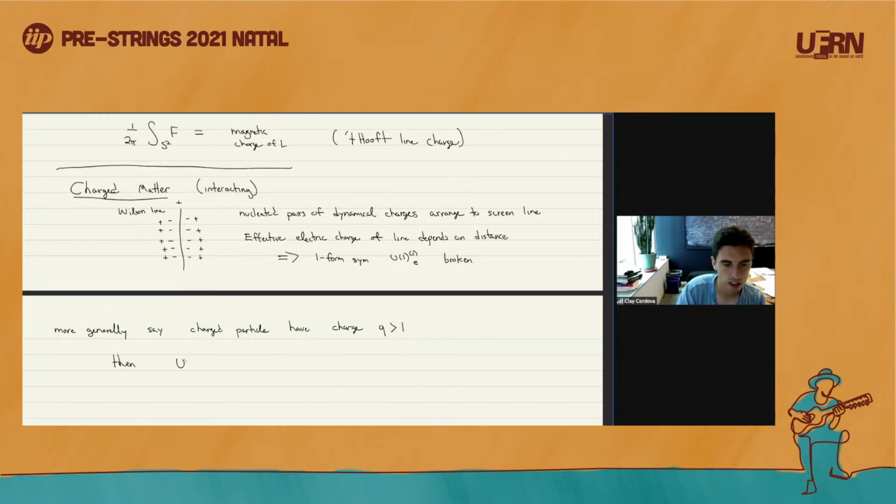Then this U1 one-form electric symmetry will be broken explicitly, not to nothing, but to a symmetry which is ZQ, where this Q is this Q. And what this means, if you think about this picture that I was drawing up here, is that we can only fully screen charges that are multiple of Q.